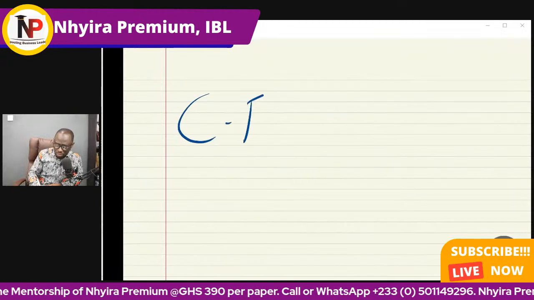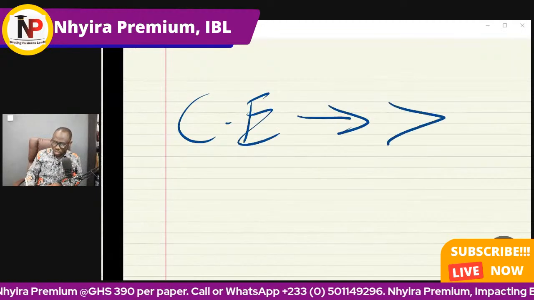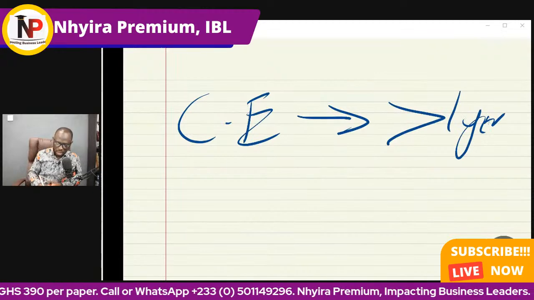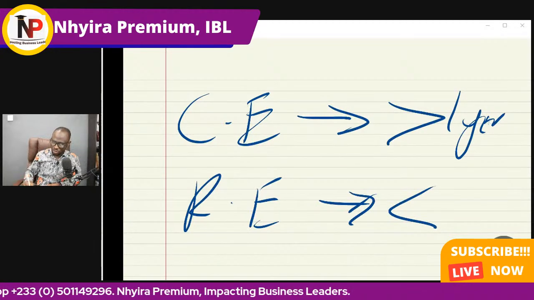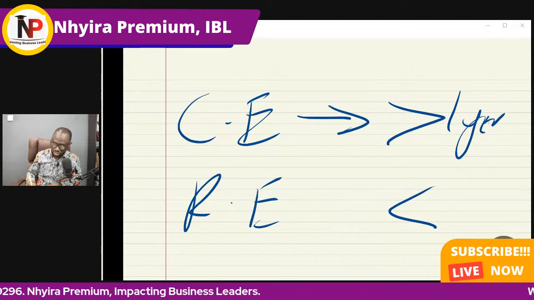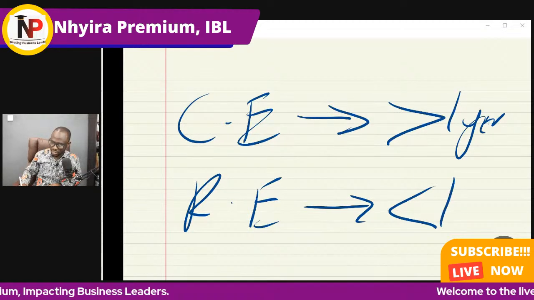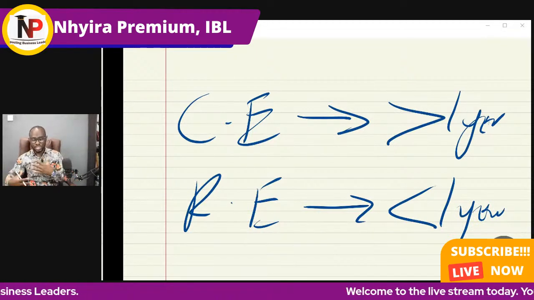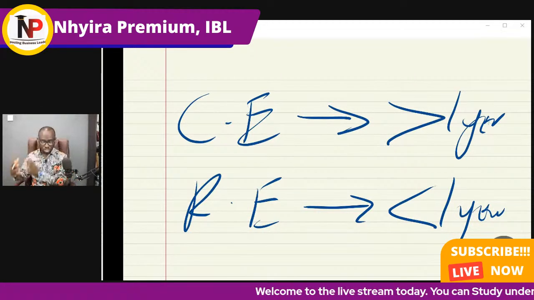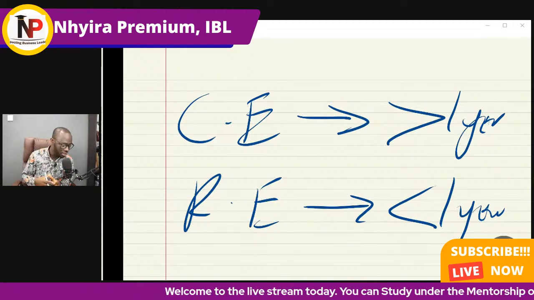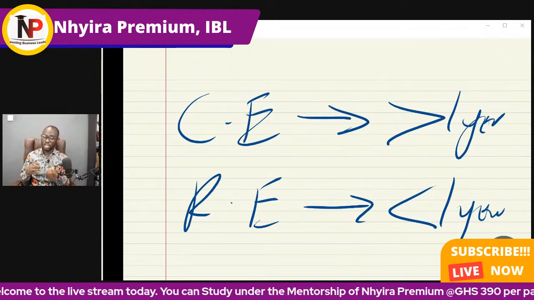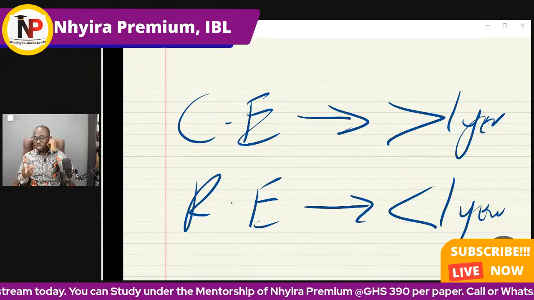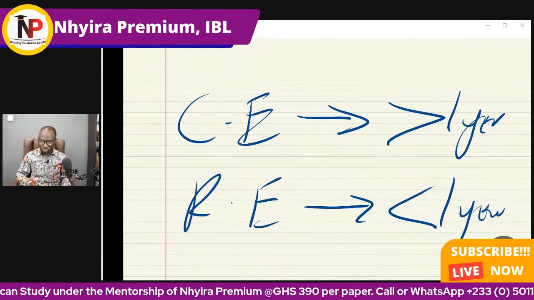So capital expenditure goes beyond one accounting year, but revenue expenditure is less than one accounting year. Does it make sense? It's less than one accounting year. That is the idea about the difference between capital expenditure and revenue expenditure.